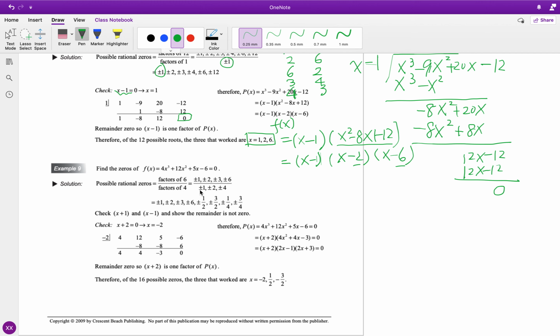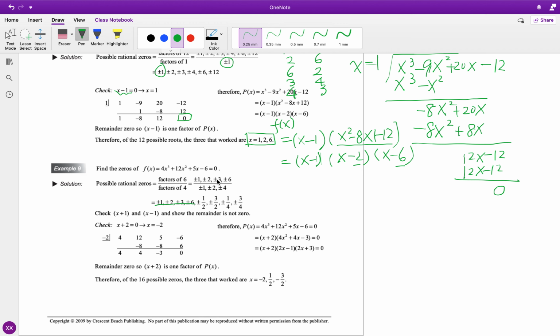So now we have 1, 2, 3, positive, negative here already, and 6. So we already got these ones. And then after that, we use the top 4 divided by 2, and we got this 1 again. And then we have 1 over 2. So we got 1 over 2. We got 2, that's 1 again. And we got 1 over 4.